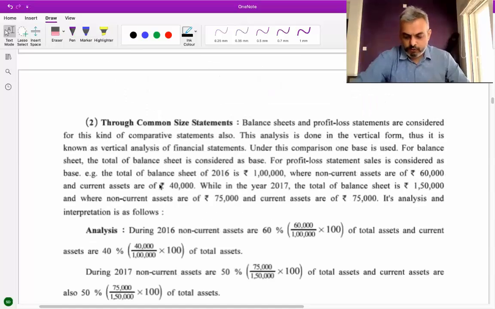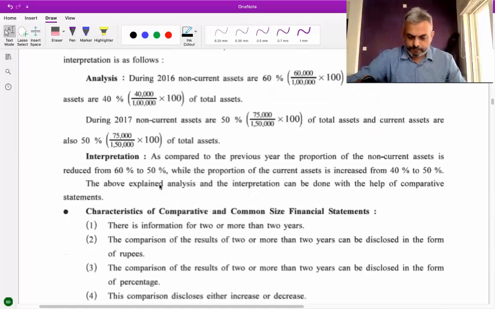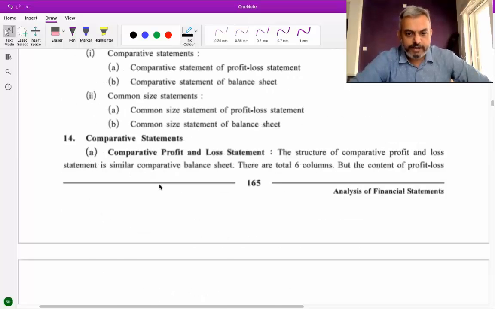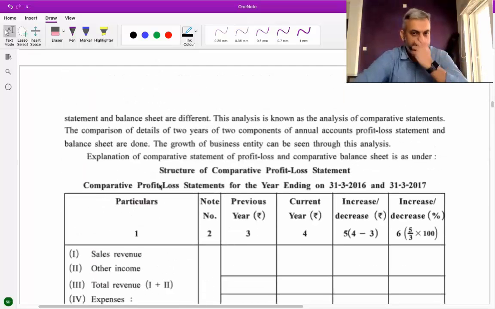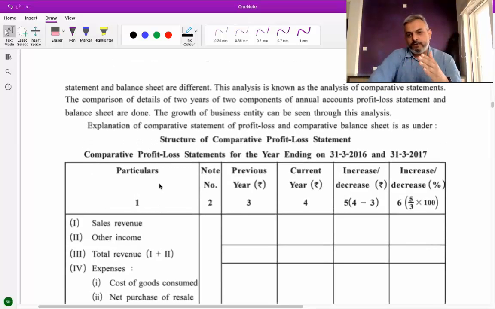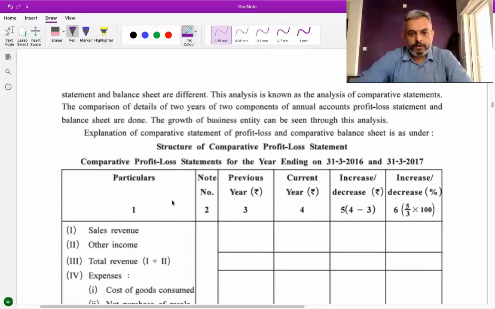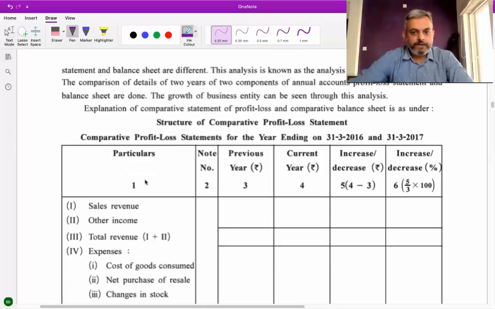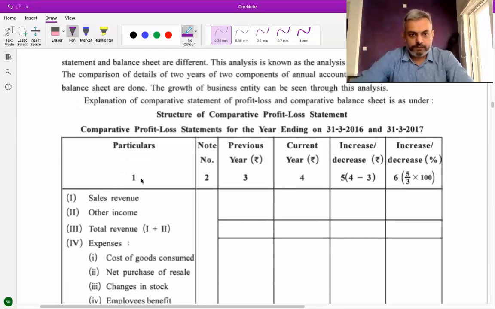So now come to page number 166, and I'll show you how this works. Now, the structure of comparative profit and loss statement. Over here we have particulars, note, previous year. Please be careful here.